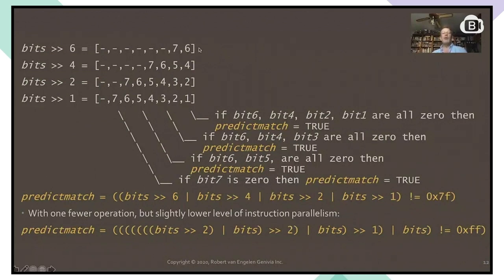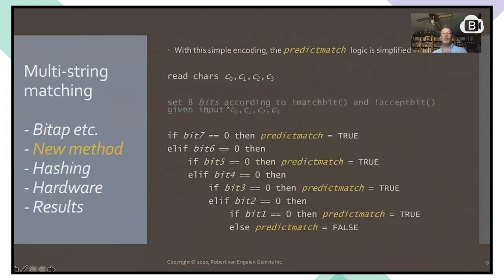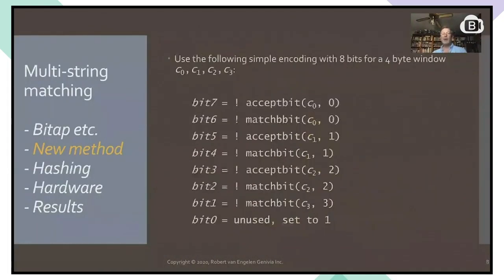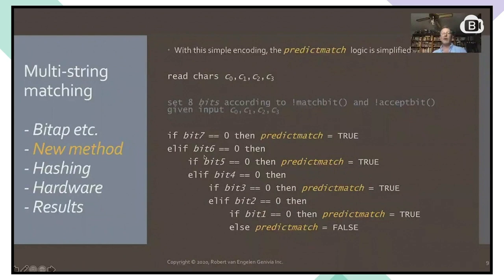So if we look carefully at the last column, 6, 4, 2, 1, where all these bits are 0, then we have a predicted match. So let me go back to the branching behavior that we had previously. 6, 4, 2, 1 says that there's a predicted match if these are all 0.